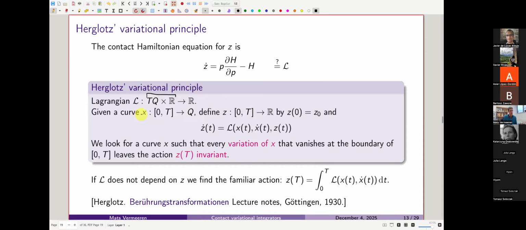Given a curve into configuration space, we define the Z part of our contact coordinates by some fixed initial value at time 0, and this differential equation Z dot equals the Lagrangian. And then we require that for variations of this curve X that leave the boundary points, so X at 0 and X at capital T, invariant, the final value of this Z should also be invariant. So the action we're minimizing is Z evaluated at the final time.